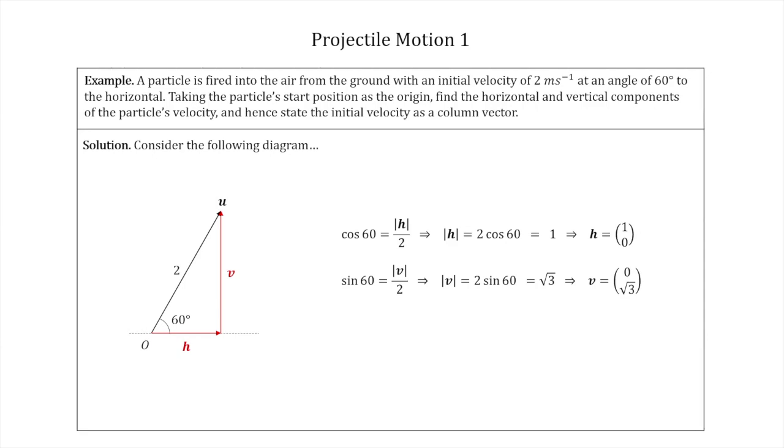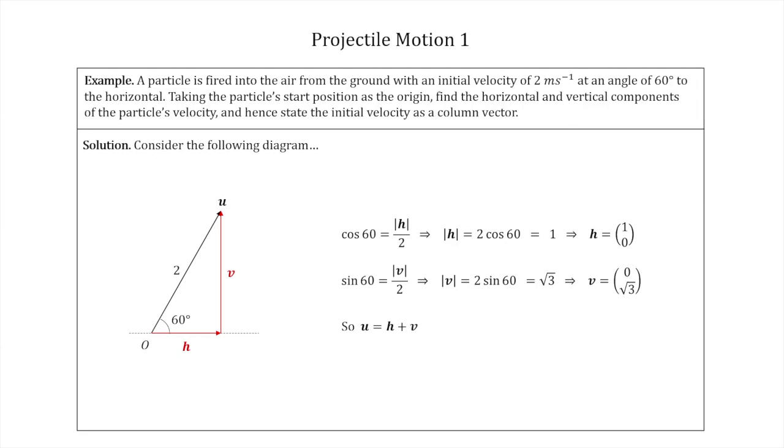So, as I was saying earlier, we know that u, our initial velocity vector, is equal to h plus v, because h and v are end to end. The way you would add vectors is place them end to end, and then you draw a vector from the start of h to the end of v. In this case, that is u.